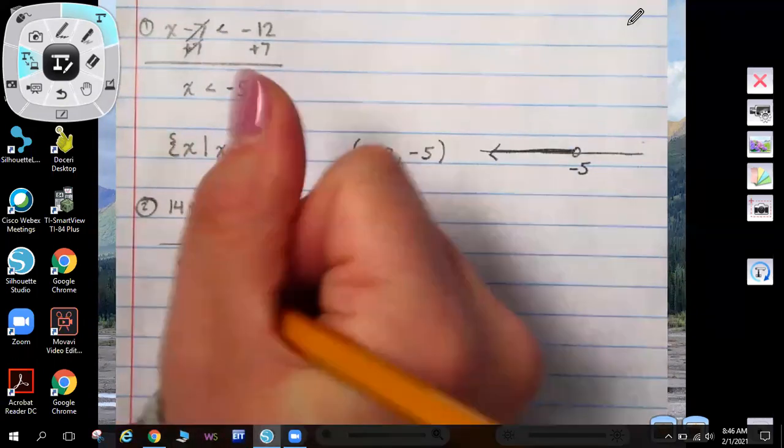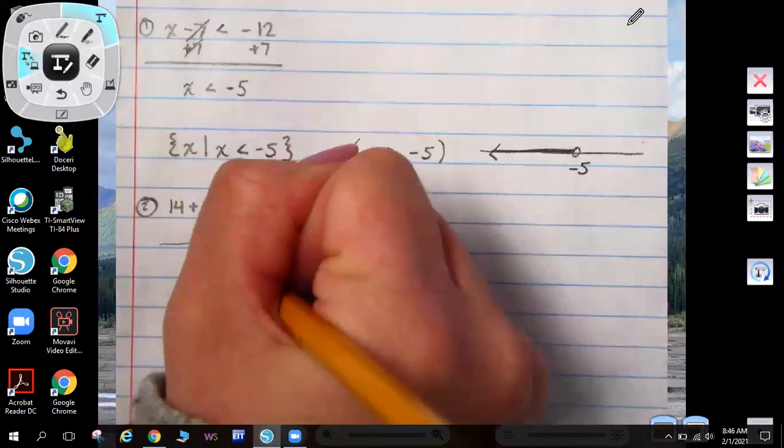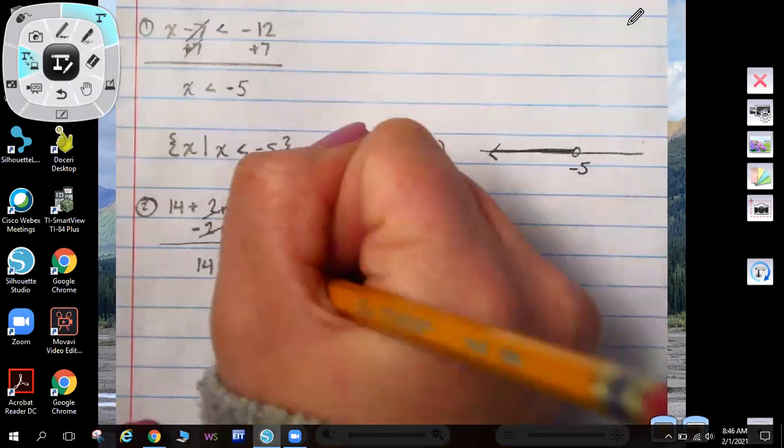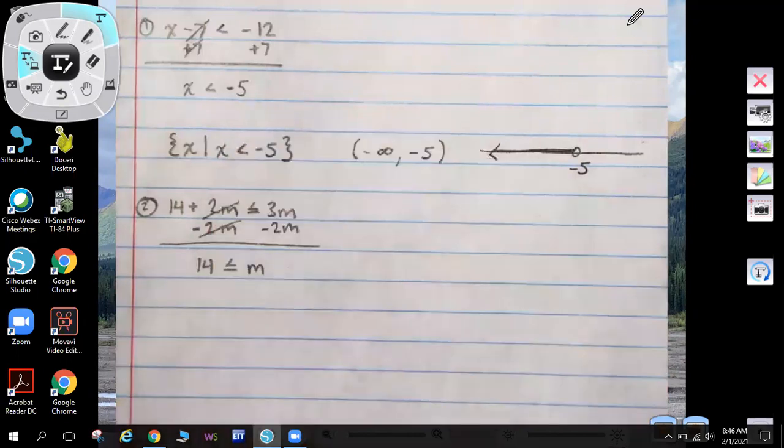So we're left with 14 is less than or equal to 3m minus 2m is just 1m, which we can just write as m. We have the variable by itself, but in an inequality, you usually want the variable on the left side. So we're going to switch this around.